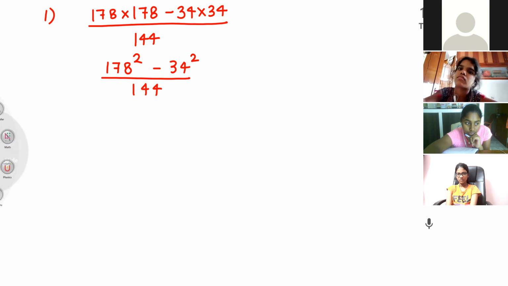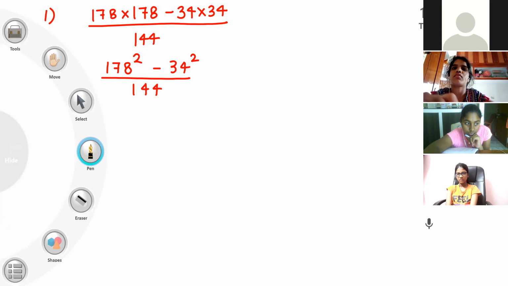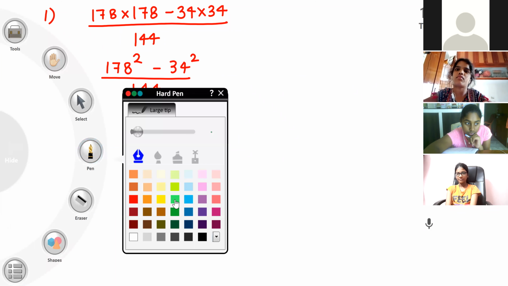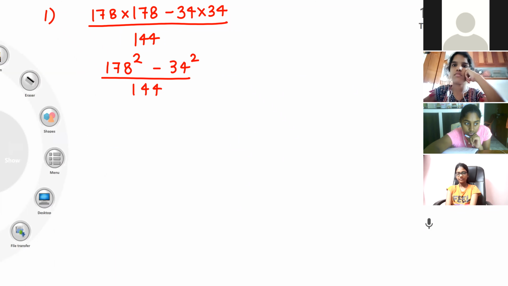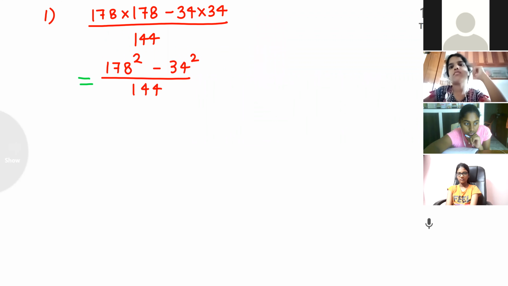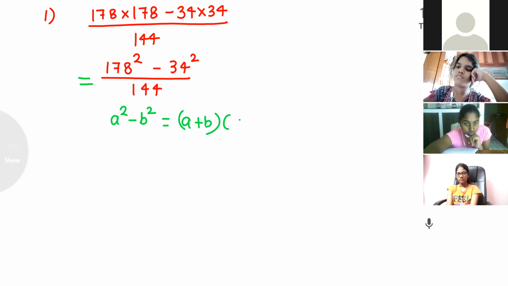Can I write like that? Yes, because 178 is coming 2 times, 34 is coming 2 times. Now in the numerator we are observing a square minus b square. A square minus b square is equal to a plus b into a minus b.